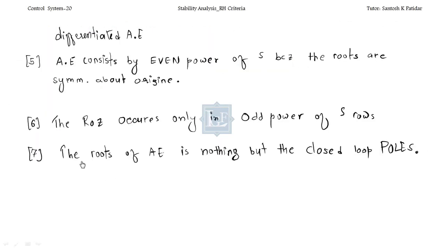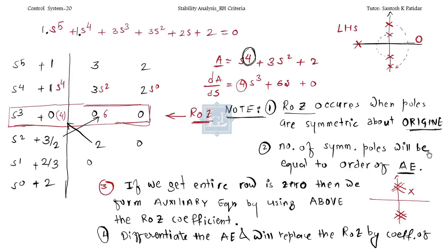The next one is, the roots of the auxiliary equation are nothing but the closed loop poles. Here are the roots. This is the auxiliary equation. The roots of this equation will be your closed loop poles. Okay friends, so these are the 5 points related to this question.